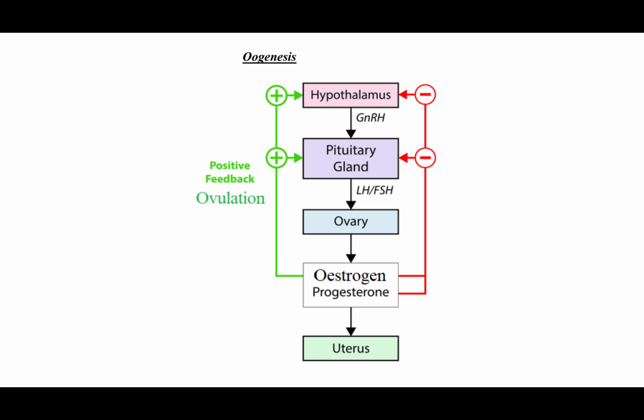Anybody else? So it thickens the walls, allows for vascular improvement, and allows it to become ready for implantation, right? But notice that these give negative feedback loops to the pituitary gland and the hypothalamus. Interesting.